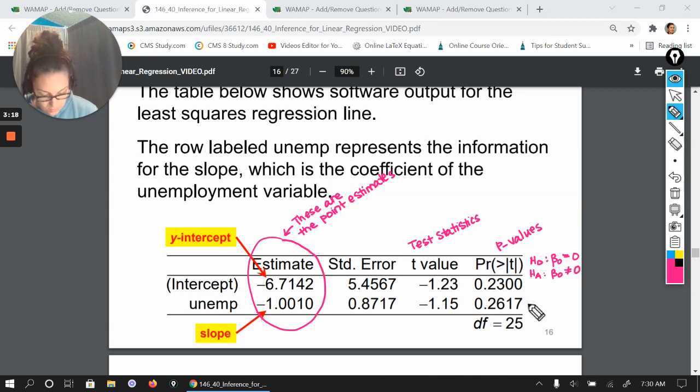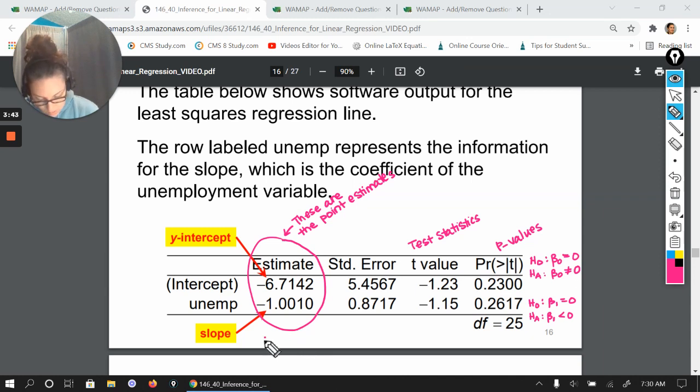And for the slope, we have the null hypothesis, beta 1 equals 0. And then we said earlier that the alternative hypothesis is that beta 1 is less than 0. So we're looking at a one-sided hypothesis test here, whereas we have a two-sided hypothesis test for the y-intercept. That's just for this particular scenario.